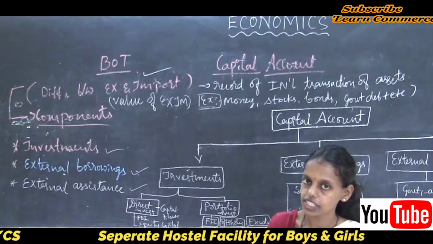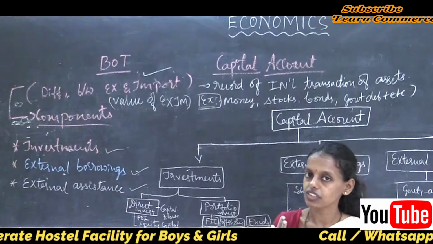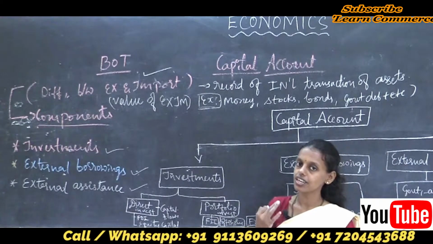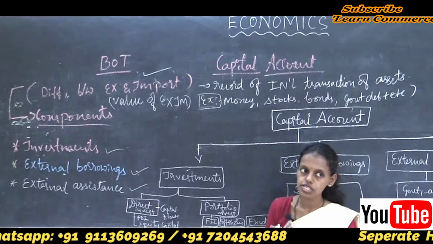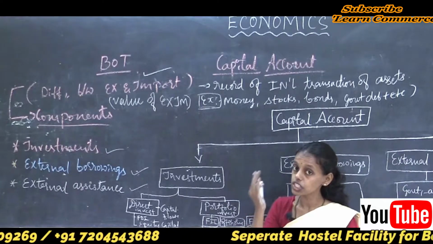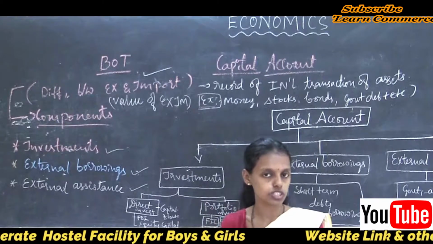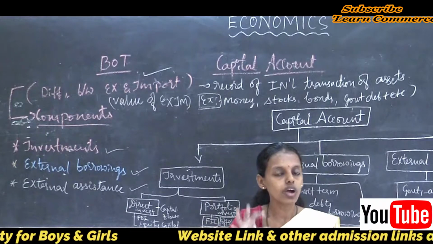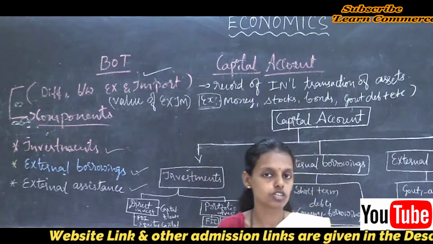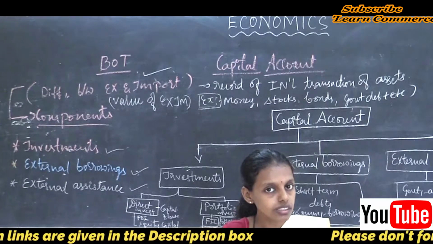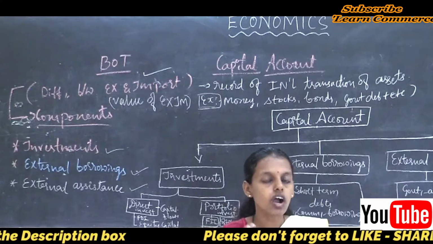What is balance of trade now? Balance of trade of a country is a record of its annual transactions related to the value of exports and value of imports. It shows the difference between exports and imports. By that we come to know what kind of balance of trade we have: deficit, balanced or surplus.